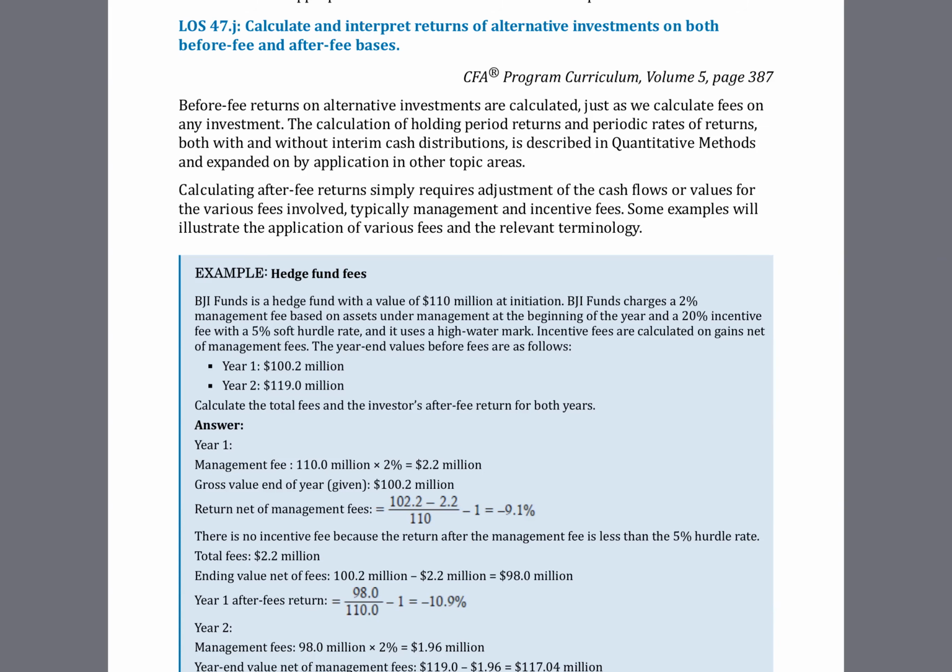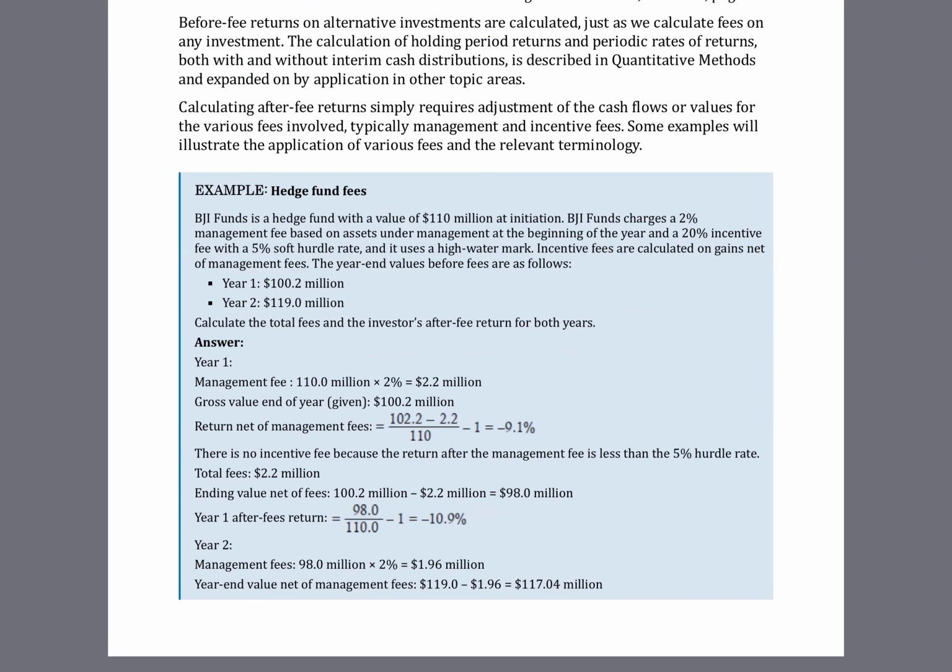Then the year-end values are given as 100.2 and then 119 million, even though we started with 110. Now look at how the first fee was calculated. Management fee, because it's 2% of the assets under management at the beginning of the period, which is 110. 2% of that is 2.2 million.